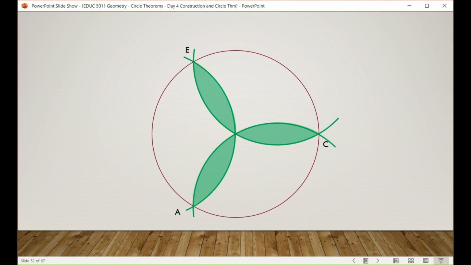So what have we done? We've created a circular pattern that if we rotate it, it still remains the same. But greater than that, we have also taken the circle and cut it into 3 equal parts. Because if we think of the center of the circle and we draw a line from the center to A, to C, and to E, then we have split it exactly into 3 thirds.